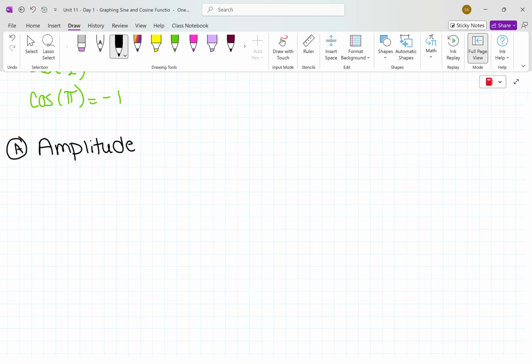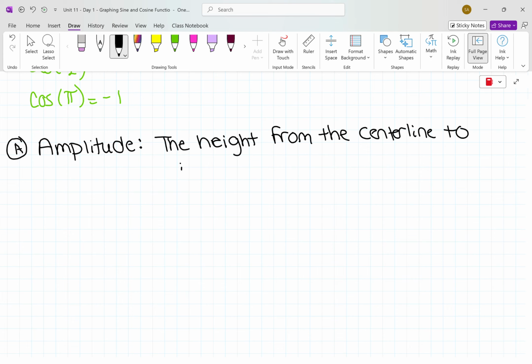Okay, so the amplitude is going to be the height from the center line to a peak or dip.